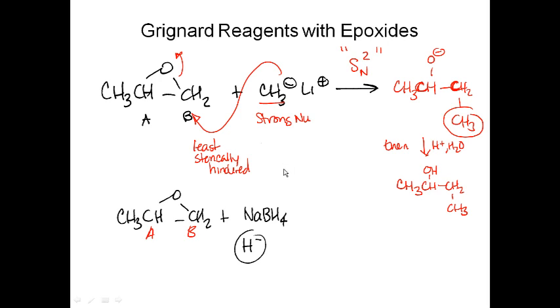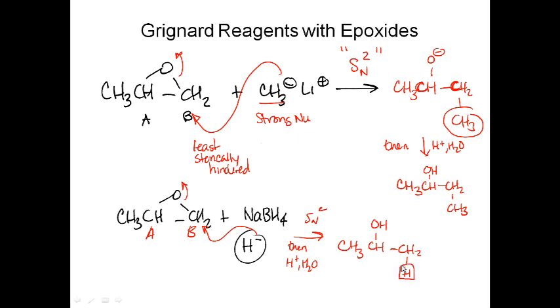If you're saying, I don't know, look at the top of the slide. Strong nucleophile. This mechanism is going to go SN2. The H- is going to come in and attack the least sterically hindered carbon. Pair of electrons is going to move there. We'd have an H+, H2O step.